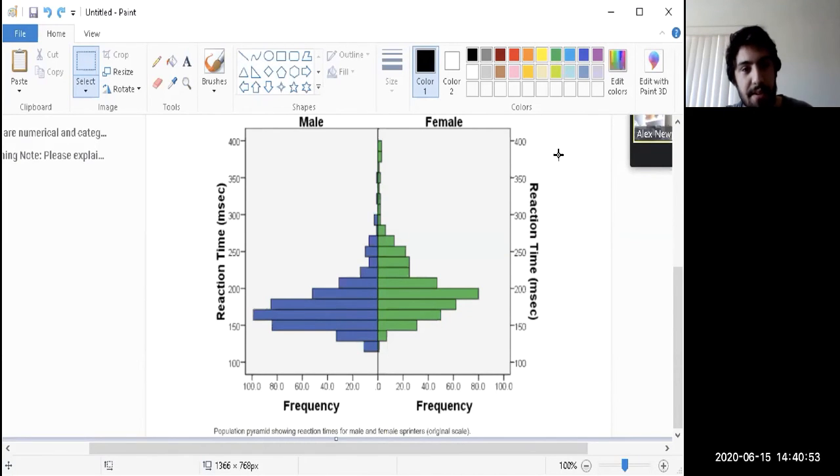All right. So what's another variable here? And is it numerical or categorical? Is it the frequency? Yeah. So is the frequency numerical or categorical? Numerical? Is it not? The frequency?